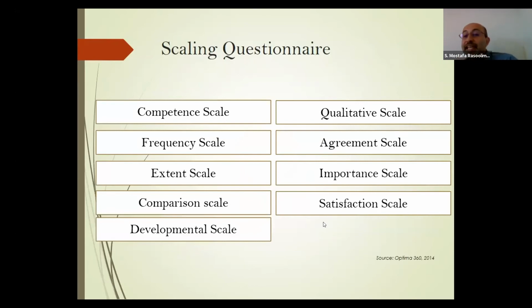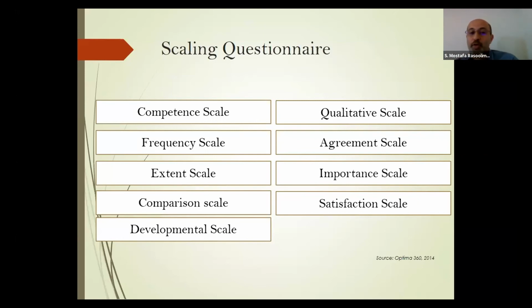There are different scaling systems for your questionnaire. When you ask a question and include an item to measure a variable, you need to understand the concept of item and question and see what type of scale is suitable.